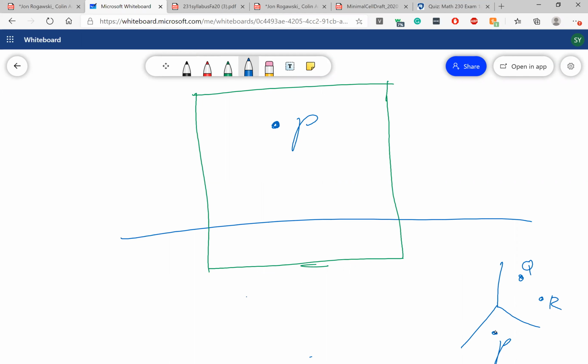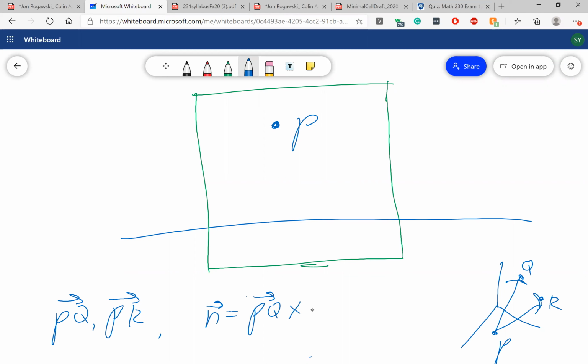So we create the vector PQ and PR. Anyone know how to continue from here? The cross product of them is your normal vector. Yeah, so the normal vector is going to be equal to PQ cross PR.